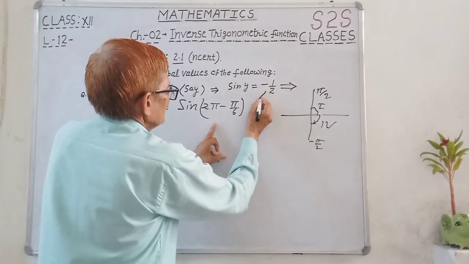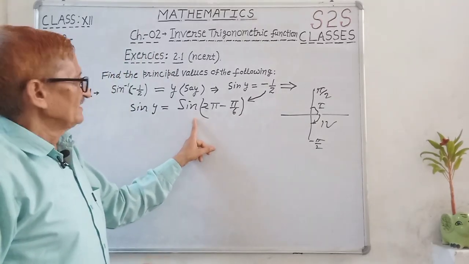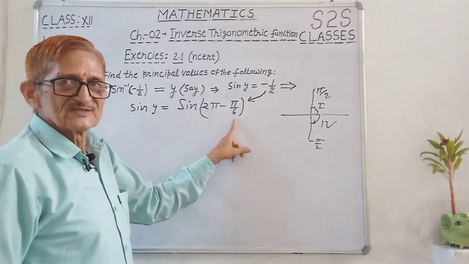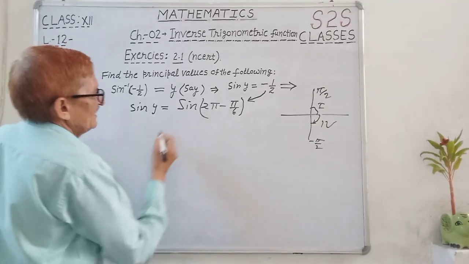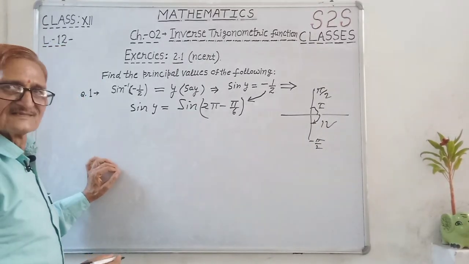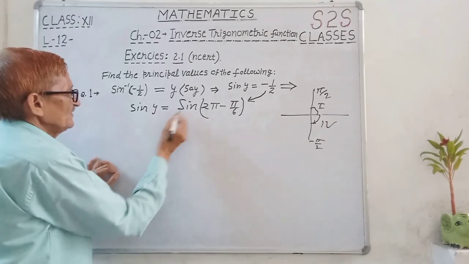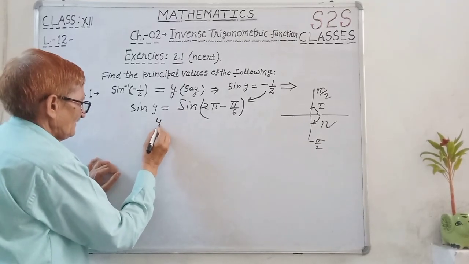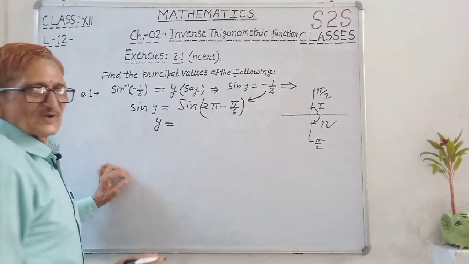Minus half in the sine form is sine 2 pi minus pi by 6, and then sine y is equal to this, then y is equal to 2 pi minus pi by 6.